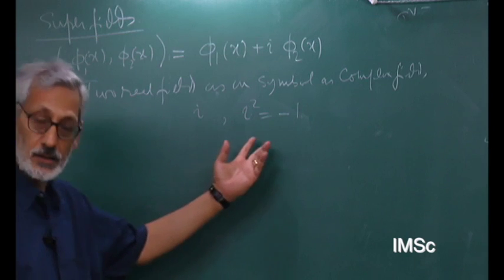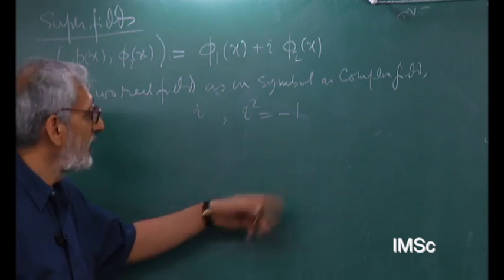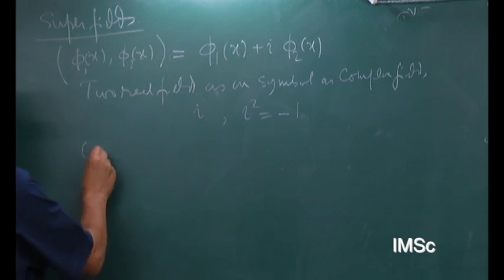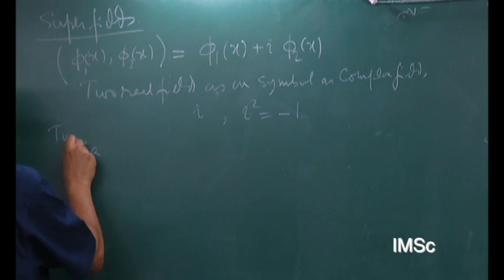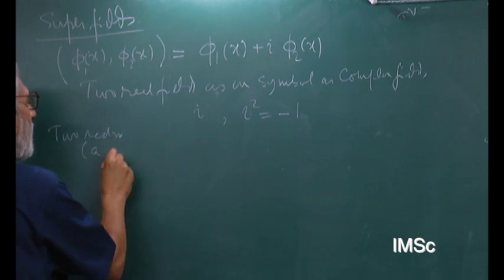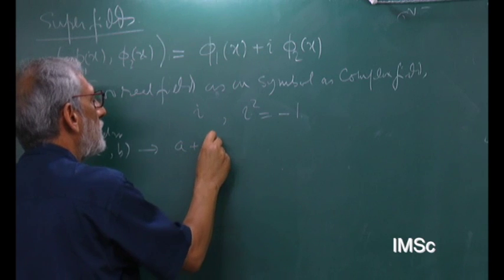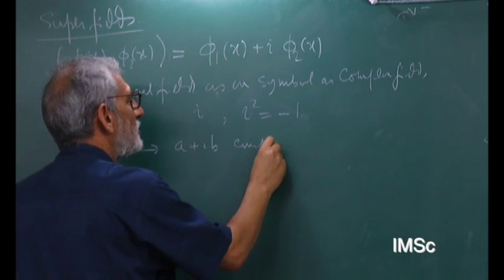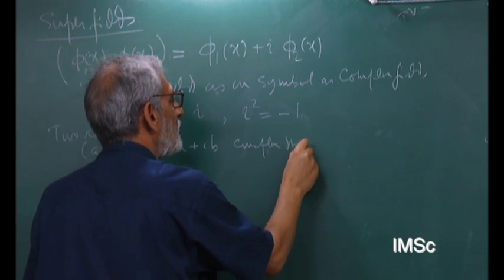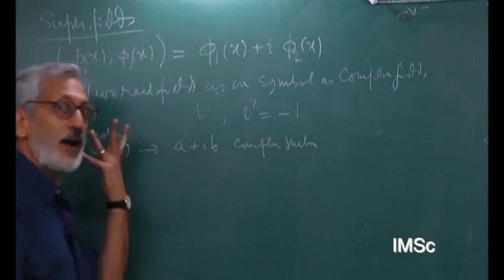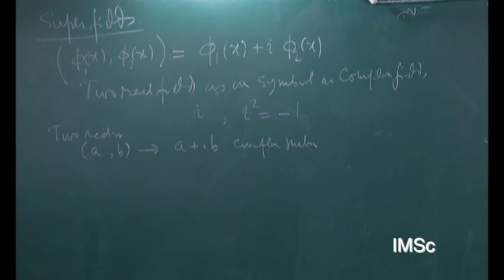Similarly, for two real numbers A and B, which are a pair, we introduce a symbol of a complex number. It's this combination to which we give the name complex number.